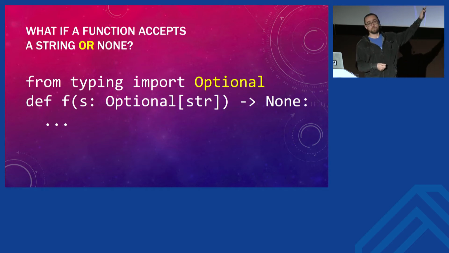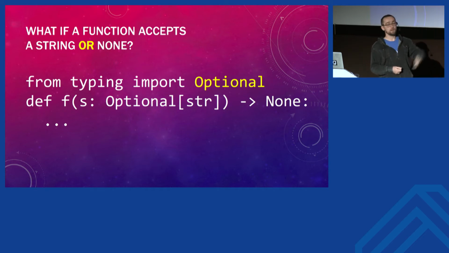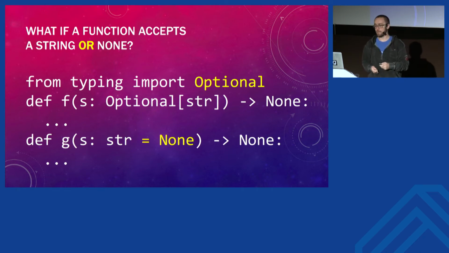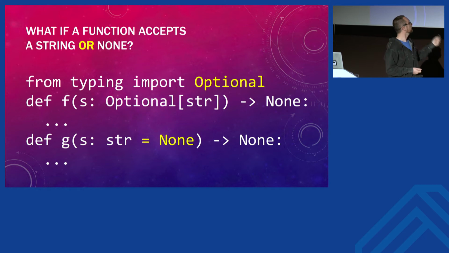This is how you should say this even if you have a default value of None. But historically, we allowed people to just say it's a string but has a default value of None, in which case we would implicitly assume that it's optional because the default value is None, right? In practice, actually using typing for real projects, we found out that this is confusing.